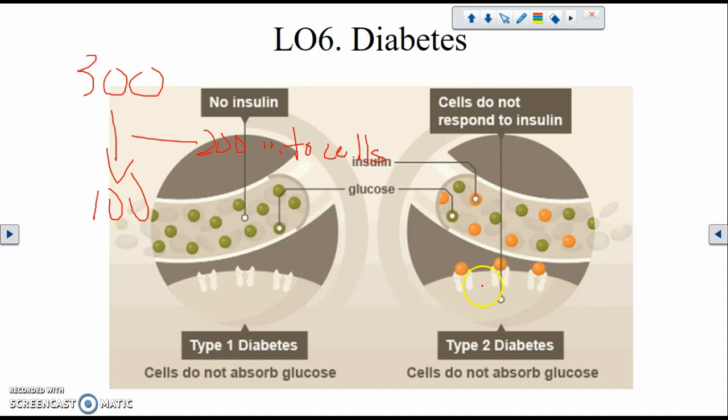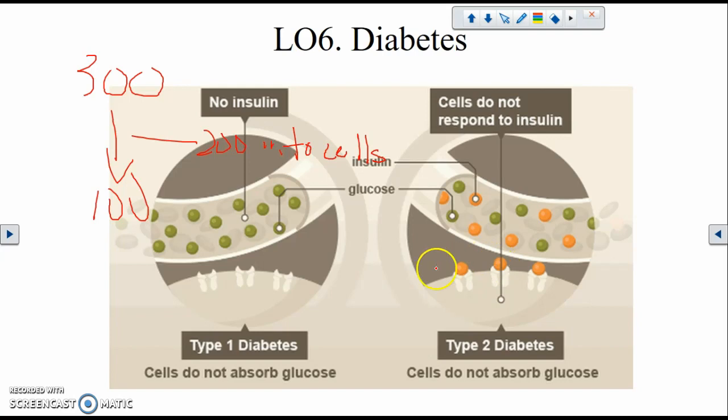And what happens, folks, is now your cells, your hepatocytes, your liver cells, and your muscle cells, basically they don't listen to insulin anymore. They say, oh, insulin is just teasing us. He's been telling us to bring in glucose for the past, I don't know, 5 days. There's no way that this person has that much glucose for 5 days.